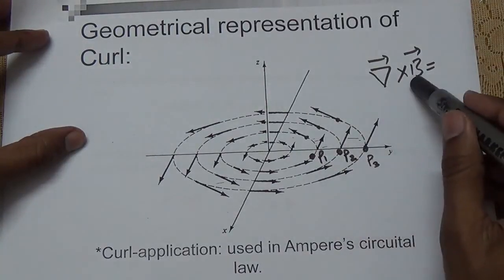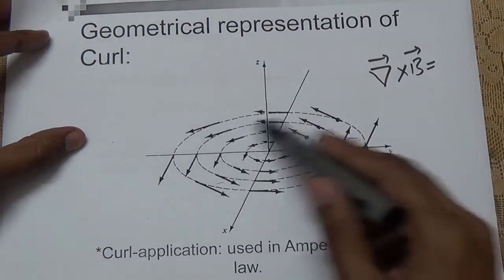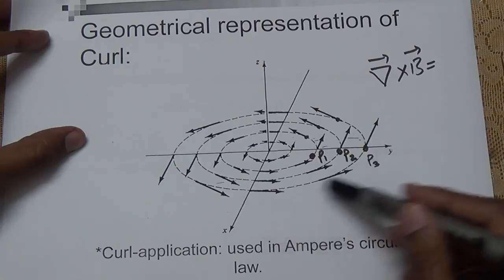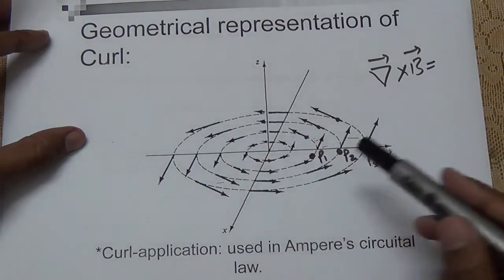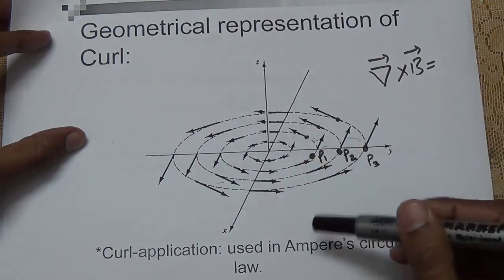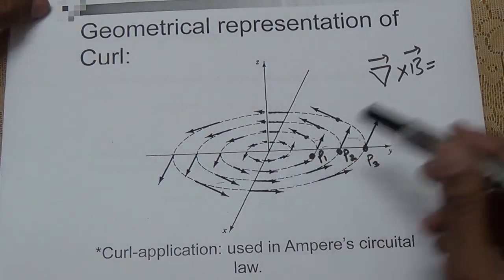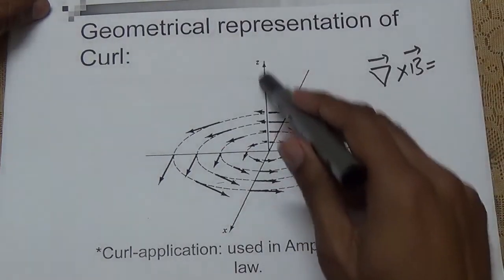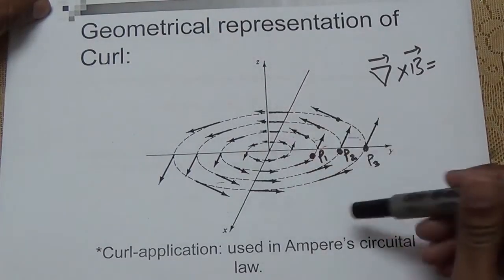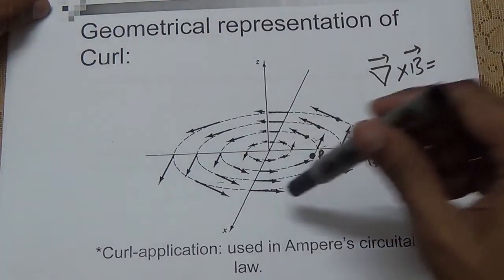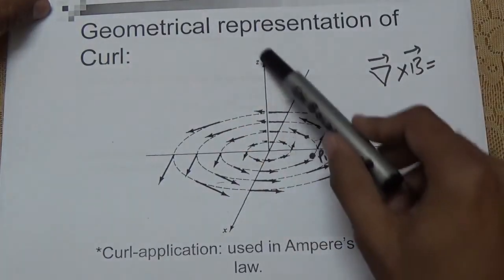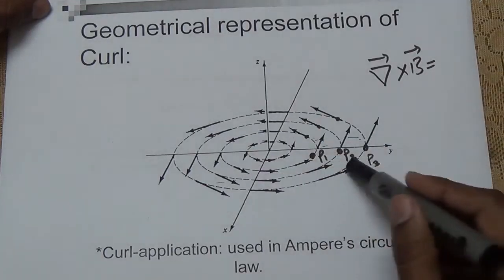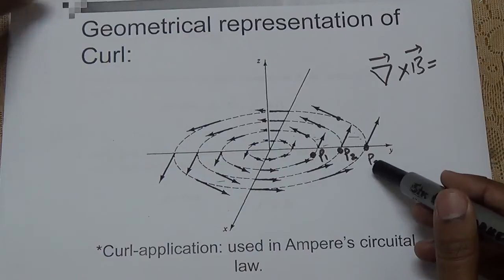So you are taking the curl of B. This is your B, which is rotating in the xy plane. The magnetic field is rotating in the xy plane, so the direction of the result of del cross B will be perpendicular to this plane. So z will be the direction. This will be the axis of rotation of that field. The z axis will be the direction of this result, and the magnitude you find mathematically.